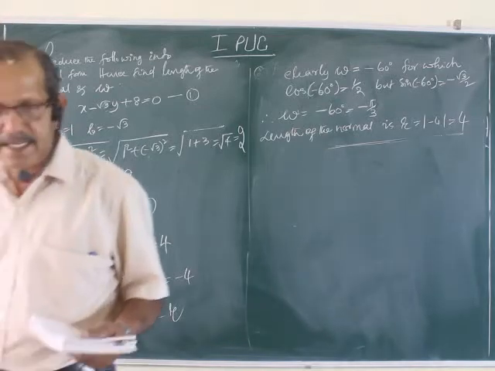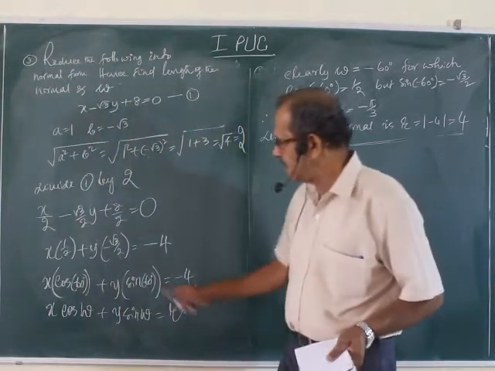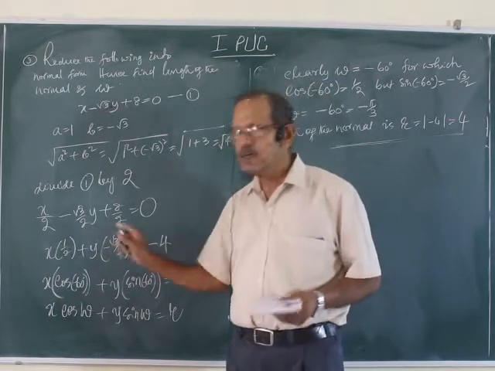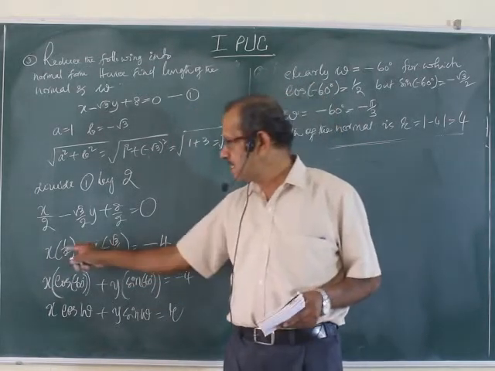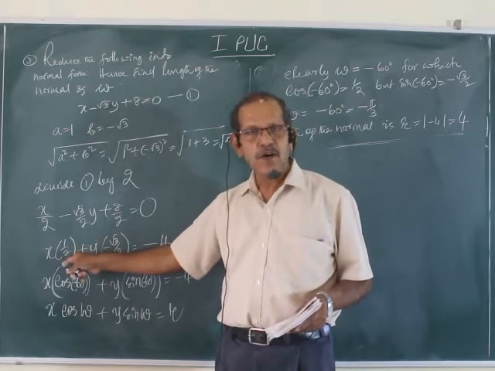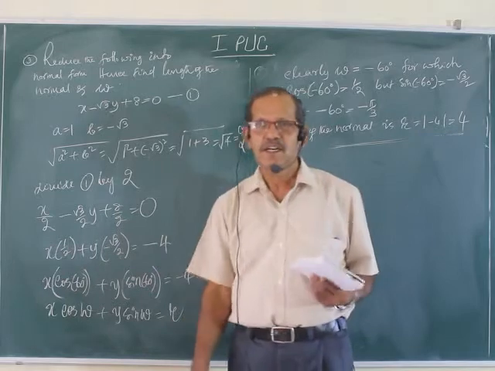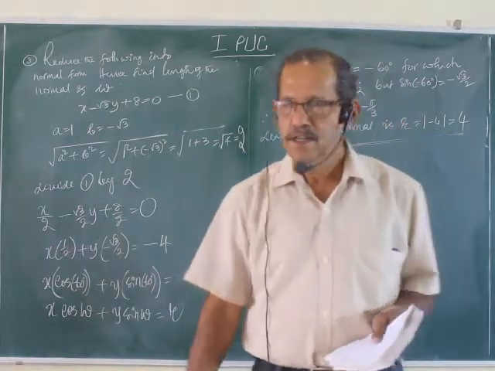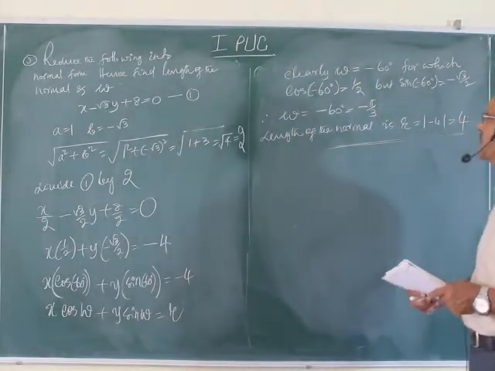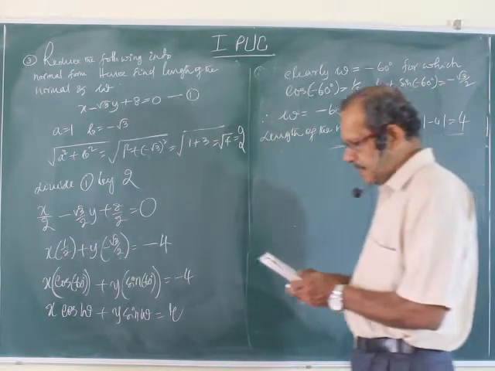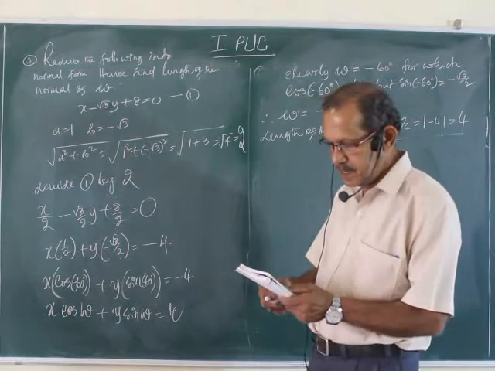Find omega in such a way that this particular value should be cos and the next one should be sin. Don't write straight away 60 degree because cos 60 is 1 by 2, but the same 60 should satisfy this also. It is not so. So only the angle is minus 60 degree. Yes? Next problem. Let's go for the next one.